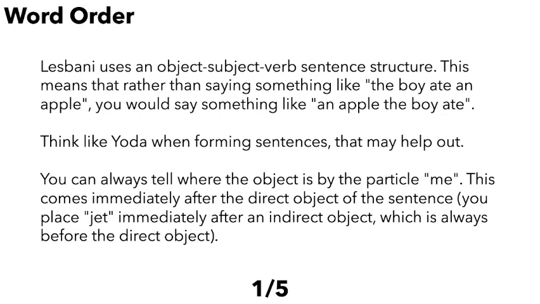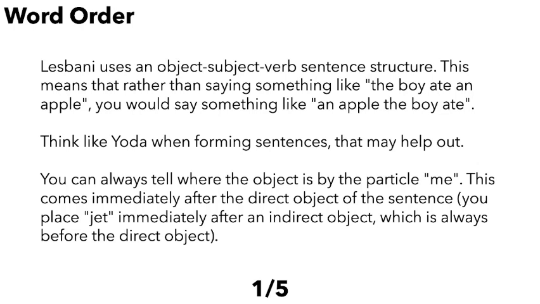So, that might help. And you can always tell where an object is, well, obviously it's going to be at the start, but you can tell where it ends by the particle me. Now, this comes immediately after the last word of the direct object.